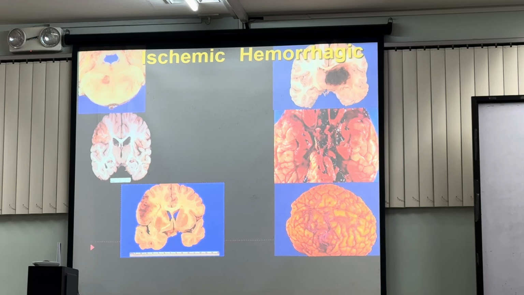What has caused the rupture? High blood pressure. Small fragile vessels get ruptured because of high blood pressure, uncontrolled hypertension. And the one here, superficial, parenchymal with subarachnoid hemorrhage, by the location, AV malformation.